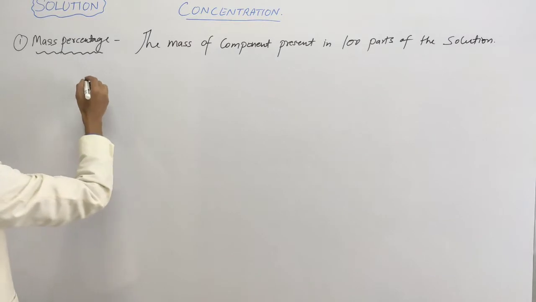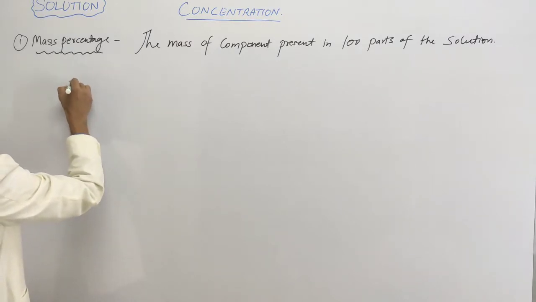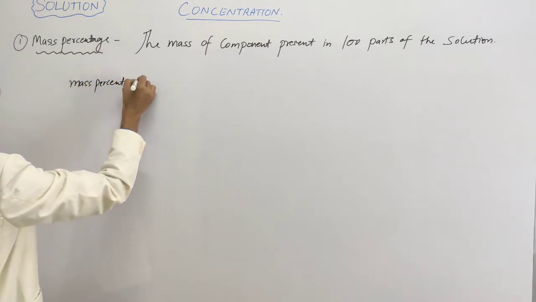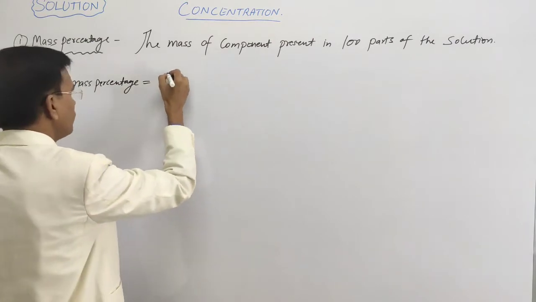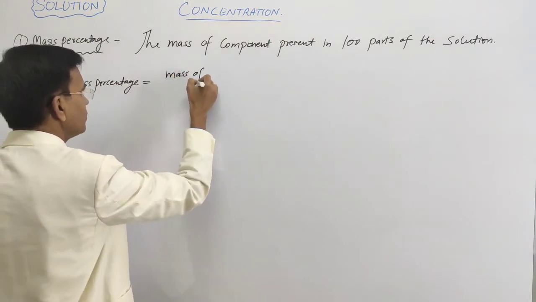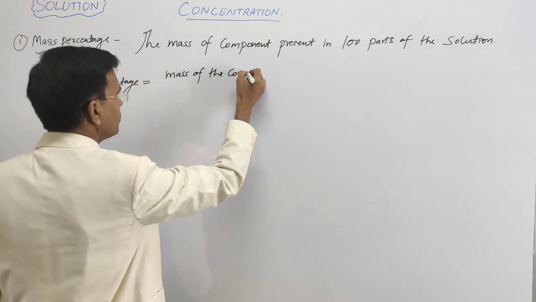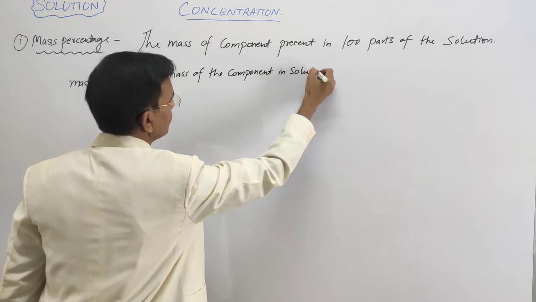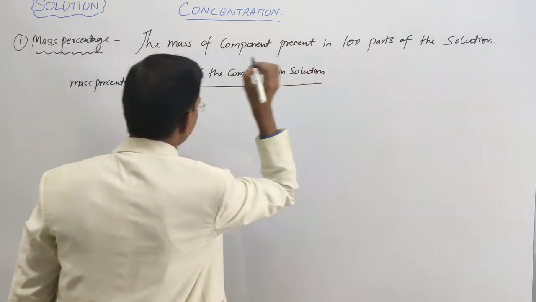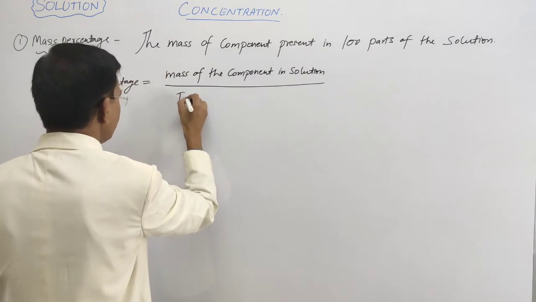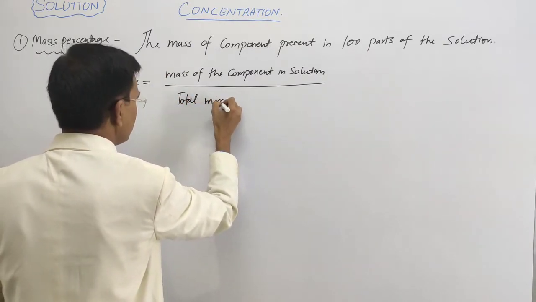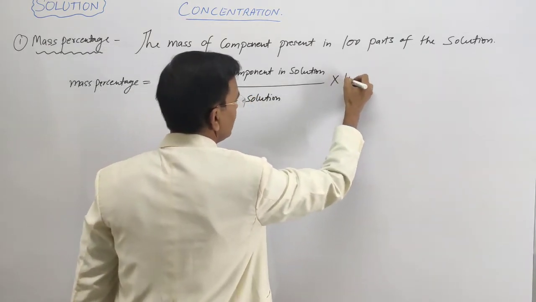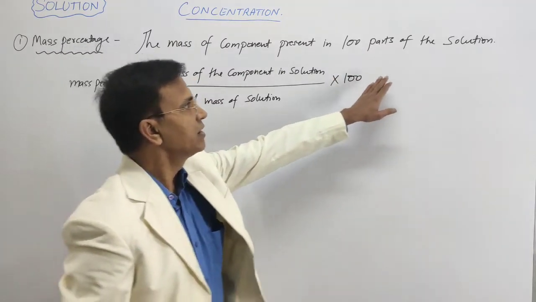Right? So the formula will be: mass percentage is equal to mass of the component in solution upon total mass of the solution, multiplied by 100 to make it the 100 part, right?